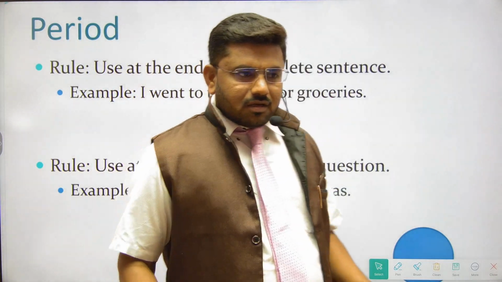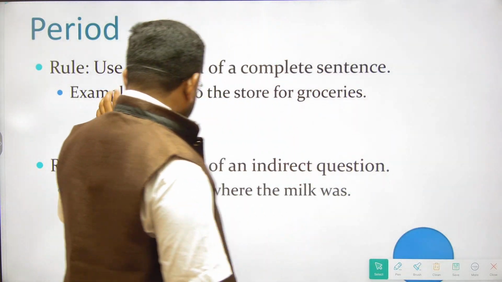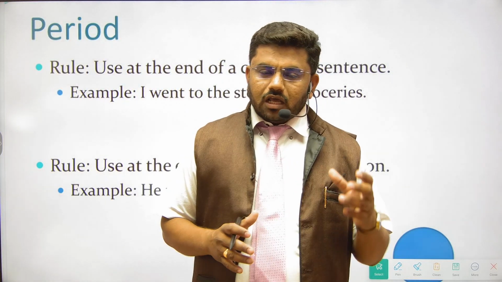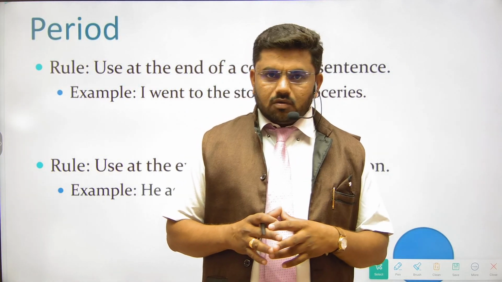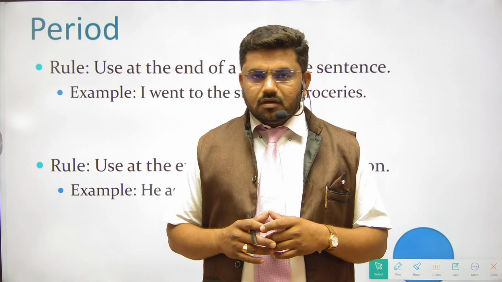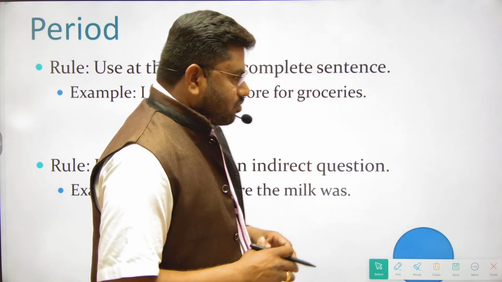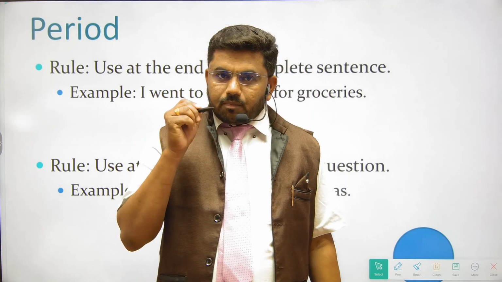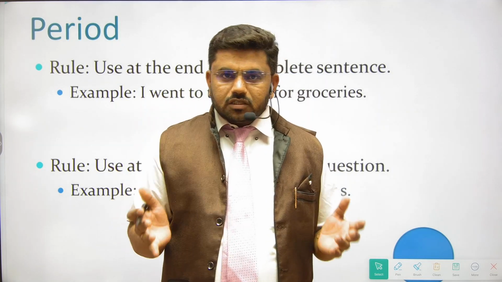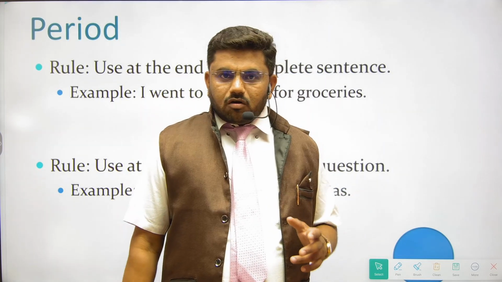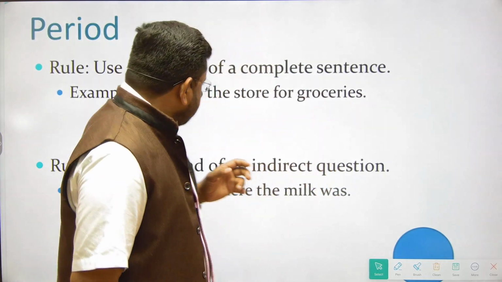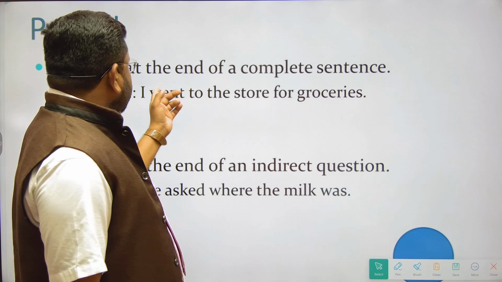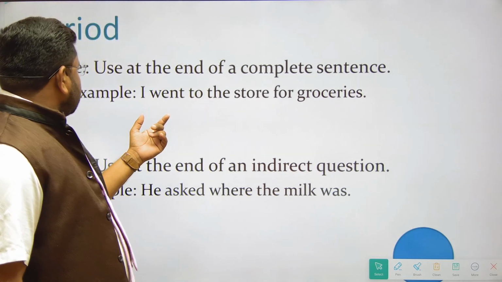Period has another word, which is the full stop. At the end of the sentence we put the dot or the point, and that is nothing but, in English grammar, the period or full stop. Now see the rule: use at the end of the complete sentence.